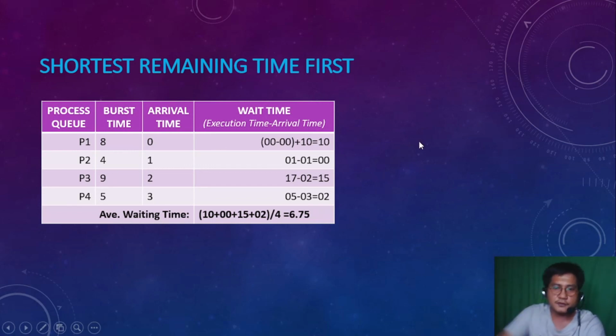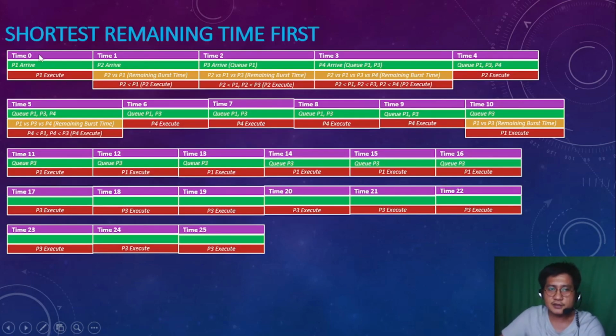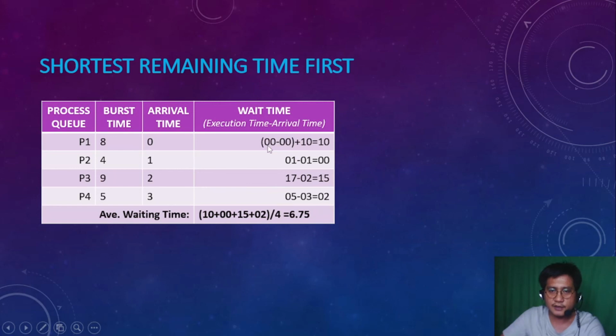Okay, so if you can see here at the process 1, we have 0 minus 0 plus 10. This happens because process 1 arrived first in the central processing unit and gets executed at time 0. So that is why we have here a 0 execution time minus 0 for the arrival time.